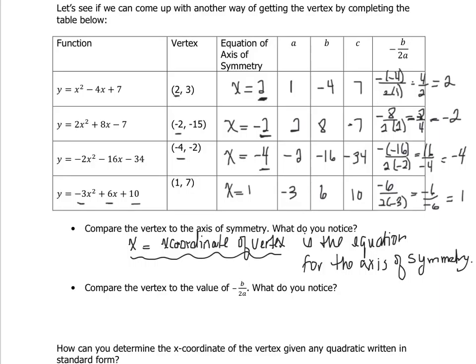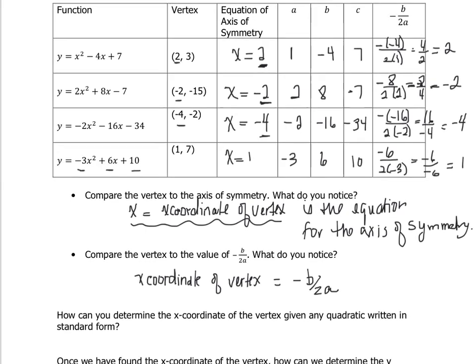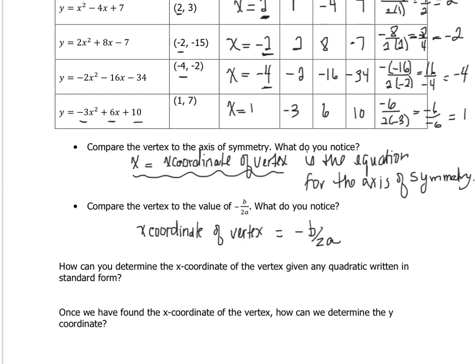And if you compare the vertex to the value of negative b over 2a, you know that the x-coordinate of the vertex is equal to negative b over 2a. And necessarily then, if you know the x-coordinate of the vertex, you know the axis of symmetry because they're the same thing.